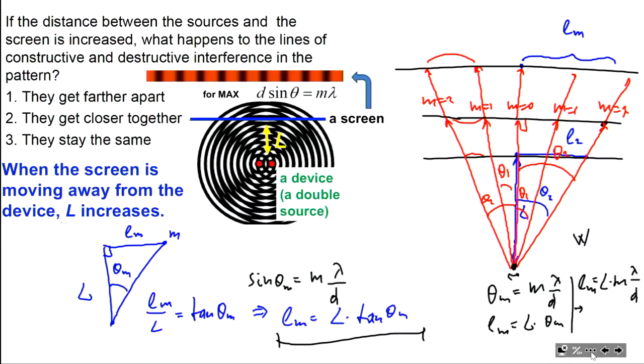Only, and keep it in mind, only when theta is small, much, much less than 1 radian. So that works for several maxima close to the central one. First, second, third.